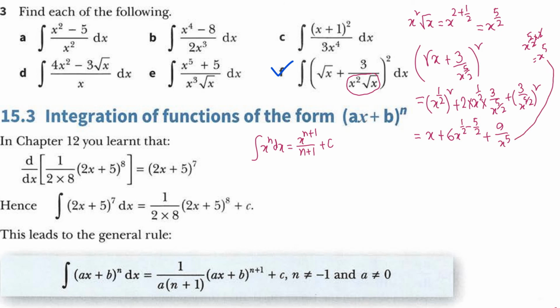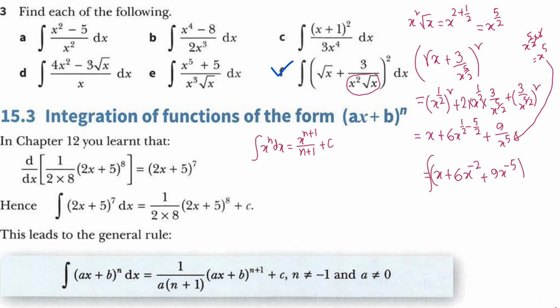So one more line we need to write, each individual term of x with a plus or minus sign, to do the integration. X to the power half minus 5, which is minus 4 by 2, gives us minus 2, and the last term we can write as 9 x to the power minus 5.